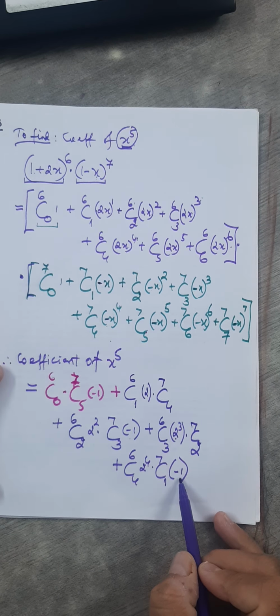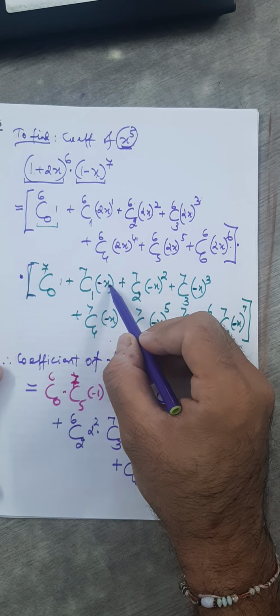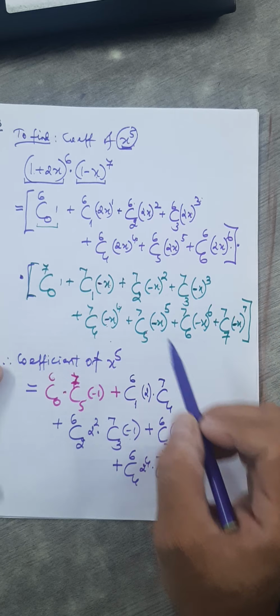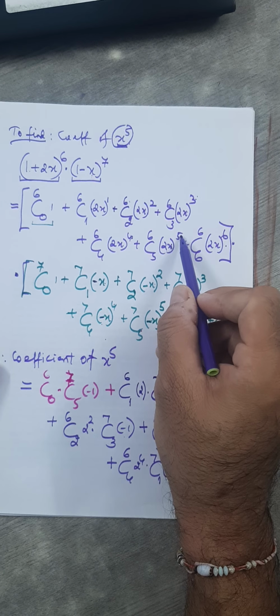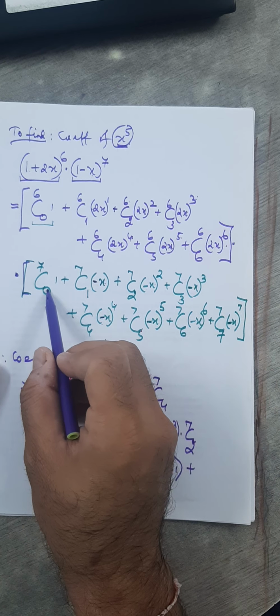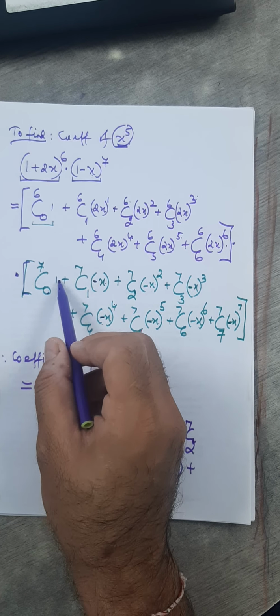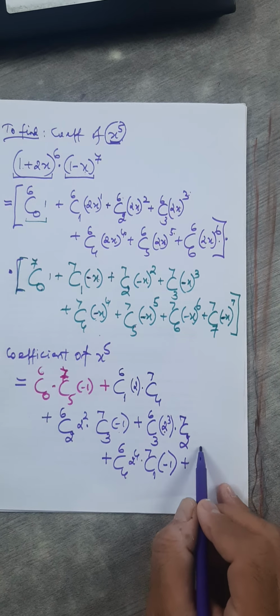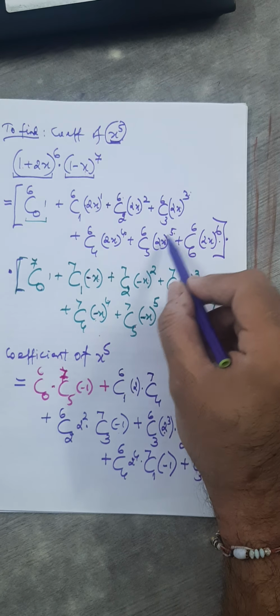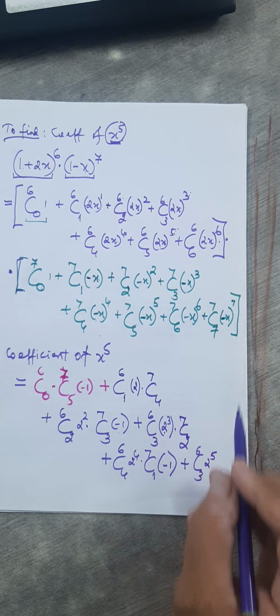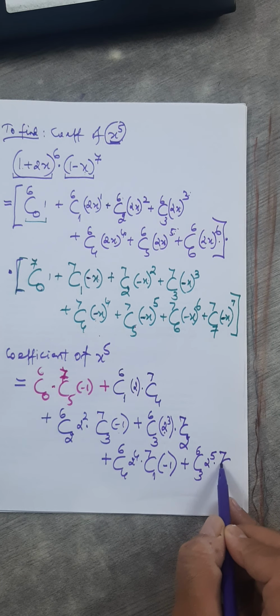X and x raised to 4 gives us x raised to 5. Plus, now here you have x raised to 5 that is multiplied with this constant term. So we'll get x raised to 5. So 6c5 into 2 raised to 5, x raised to 5, with this constant term into 7c0.